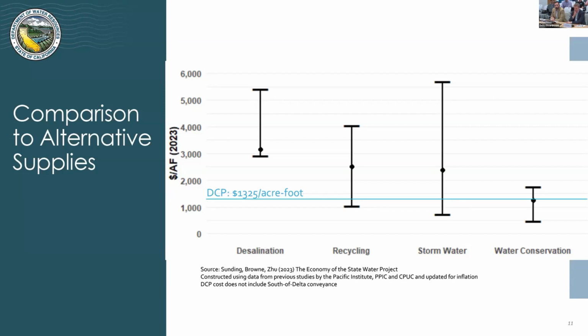The average size of a recycled water project in the state of California right now is about 2,000 acre-feet per year. So it would take a lot of those to make a dent in the 570,000 acre-feet that's lost. Stormwater capture, interesting, definitely happening. More of it is going to happen in the future. That also doesn't have the ability to backfill for a loss of 570,000 acre-feet. So you're right, unit costs are one way to think about comparing these alternatives, but there are limits to all of these possibilities.